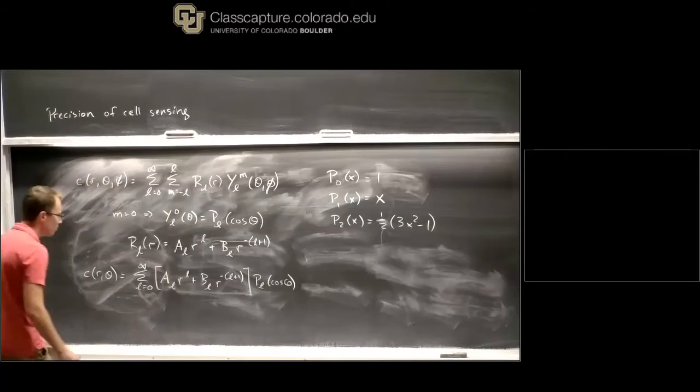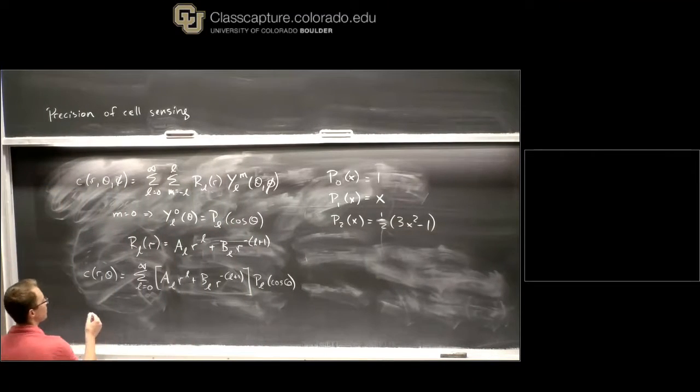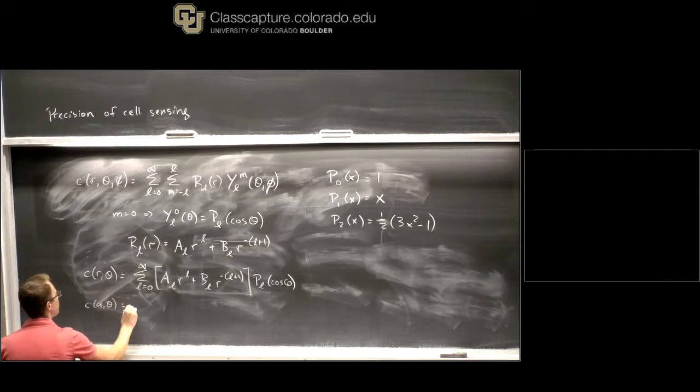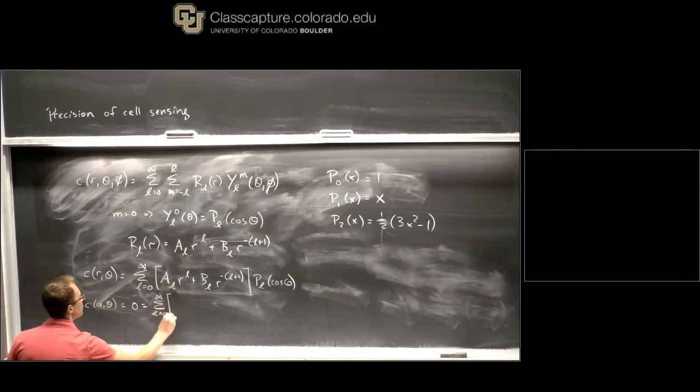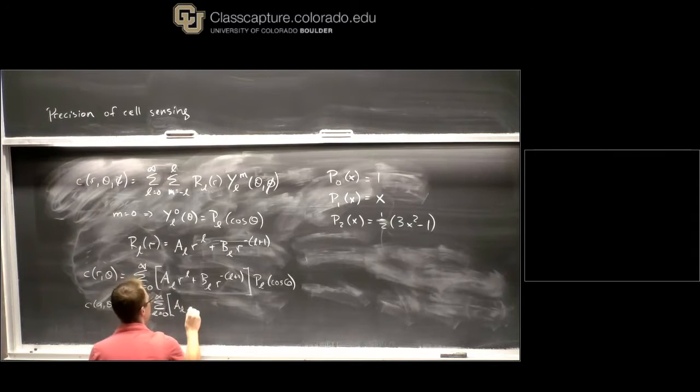So let's apply 1. So if I apply 1, it says that C of A and theta is 0, and I have a sum that must be 0. What do I do with that fact?